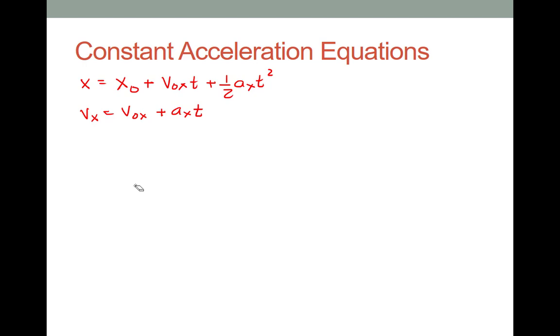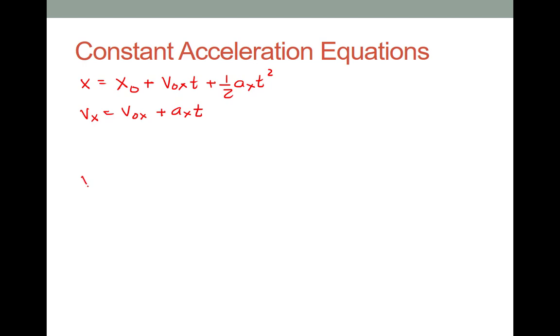When we think of the constant acceleration equations, there's typically one more equation that also comes into play. That equation is a combination of the two equations already written down. What you need to do is take the second equation and solve for t, then plug it into the first equation.